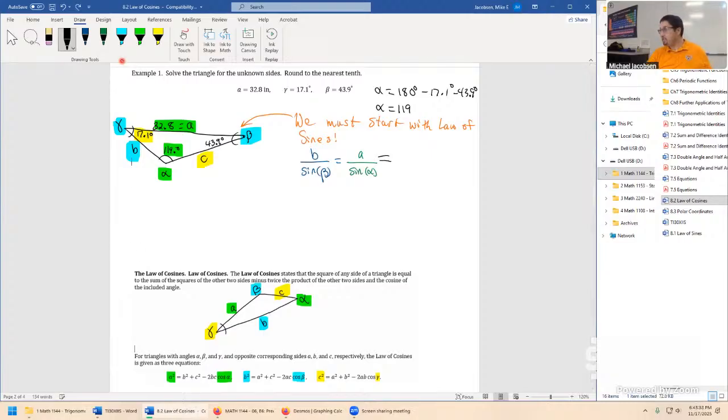Plugging in the information, this is just a quick right arrow so we can save on vertical space, gives us B divided by sine 43.9 is equal to 32.8 for A divided by sine 119 in degrees. And that gives us the measurement B. B is finally equal to 32.8 times sine 43.9 degrees.